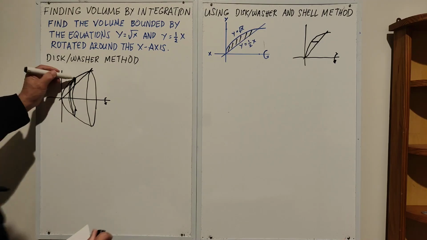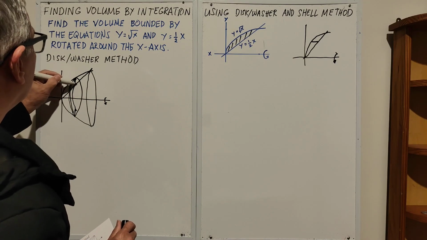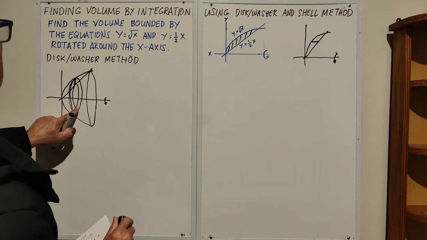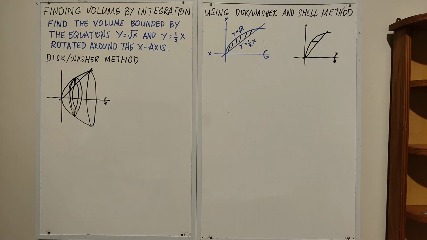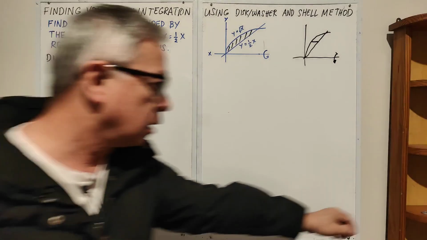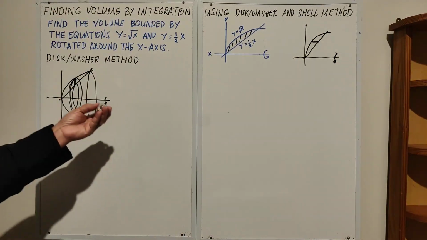Not a good drawing. So it will look like a washer. This is an example of a washer.